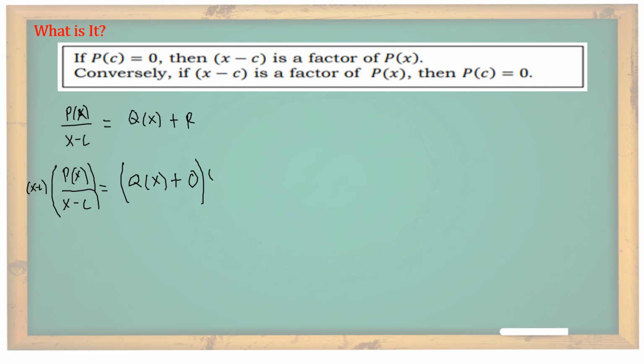Okay, x minus c. So, cancel na yan. So, this will become P of x equals Q of x times x minus c. Okay, wala na tong 0 kasi 0 times x minus c is 0.